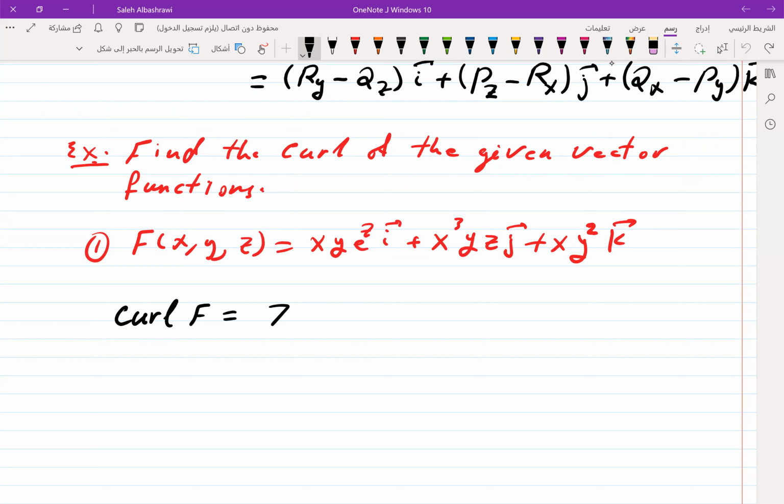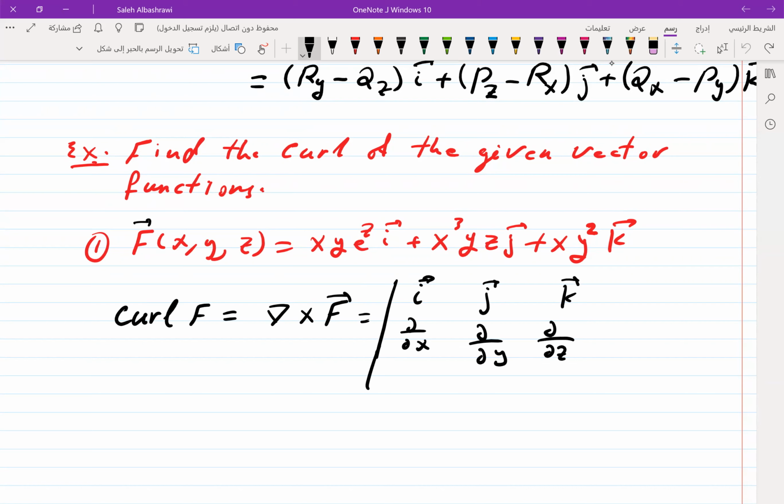So curl f is given by nabla cross f, which is equal to the determinant of i, j, k; partial with respect to x, partial derivative with respect to y, and partial derivative with respect to z; of the components of the function, which are xy e to the power z, x to the power 3 yz, and the last one is xy squared.